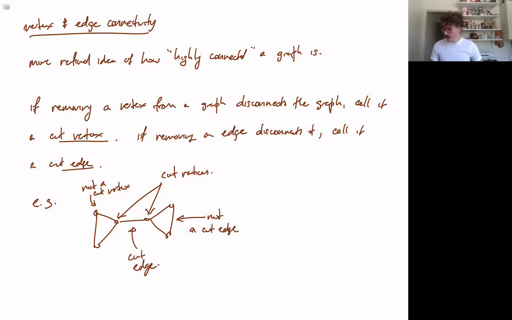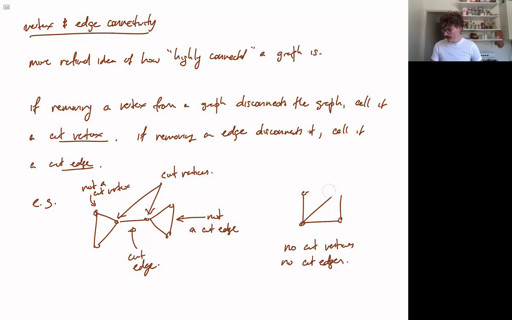And let's consider another example. This graph is more compact, more held together, and you can quantify that in the fact that it has no cut vertices and no cut edges. Just to do some examples, if we remove this vertex, it's still connected.